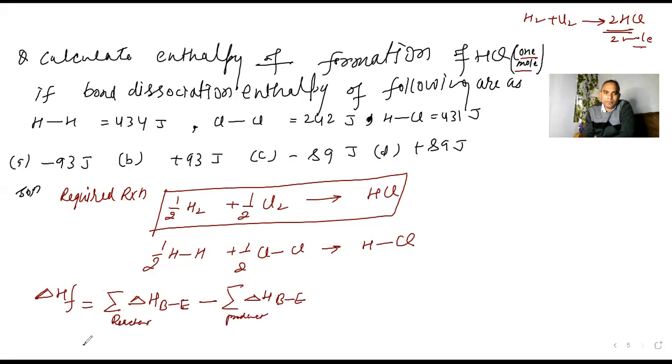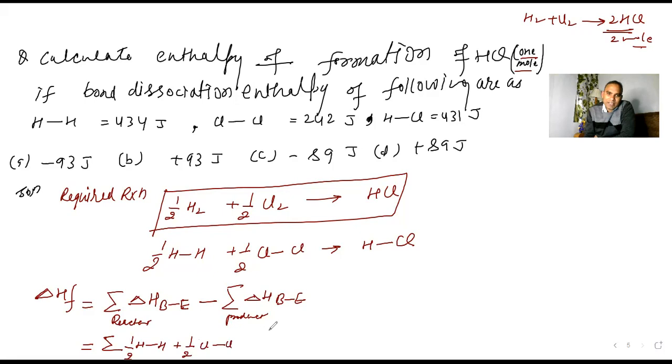See, summation of bond energy of reactant. The reactants are H2 and Cl2. So half mole of H2 is there, so energy will be half H bond H plus half Cl bond Cl.